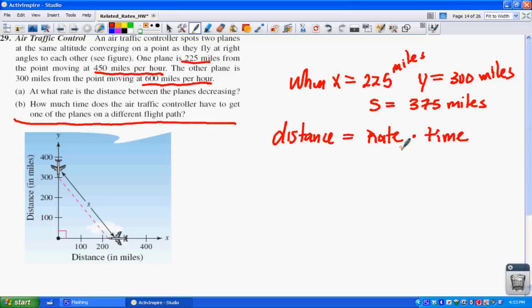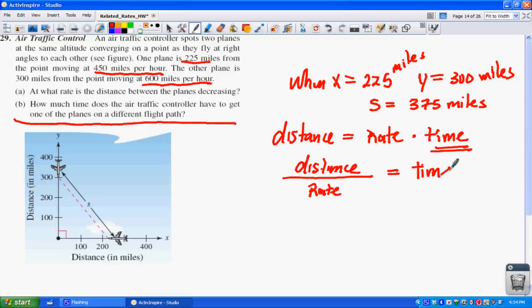Well, if you solve this equation for time, it would tell us. The distance between the two planes right now, which is 375, divided by the rate of change between the two planes, equals time.